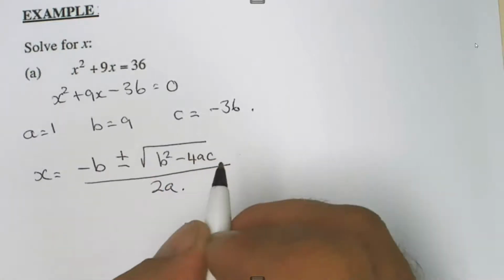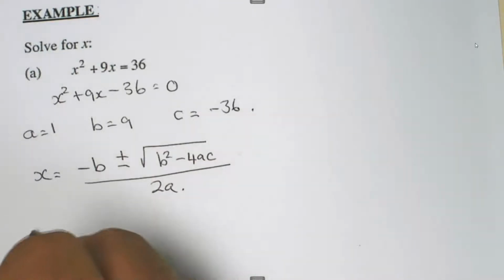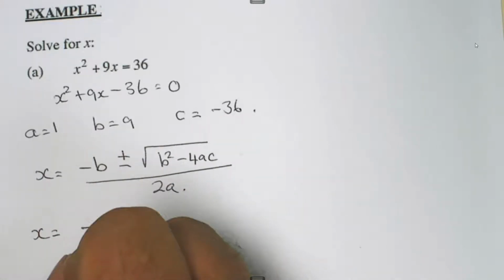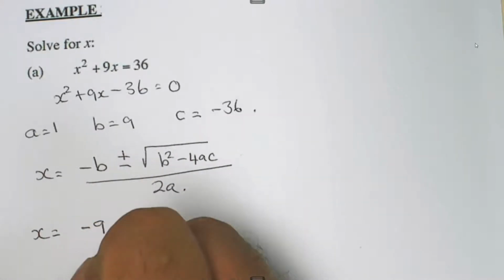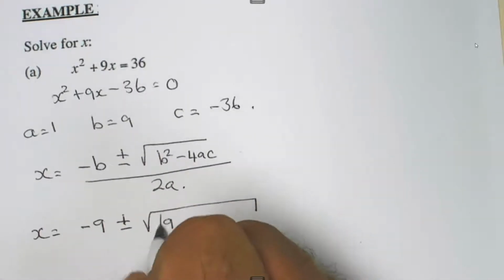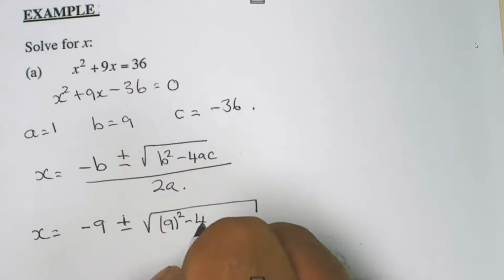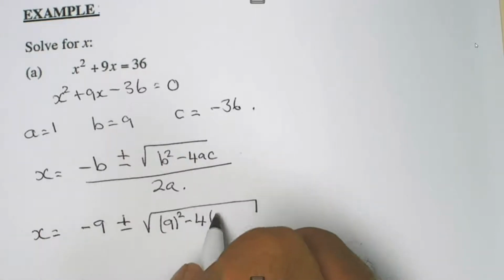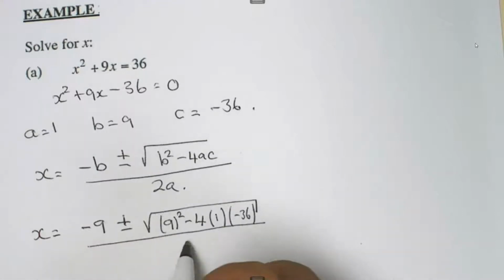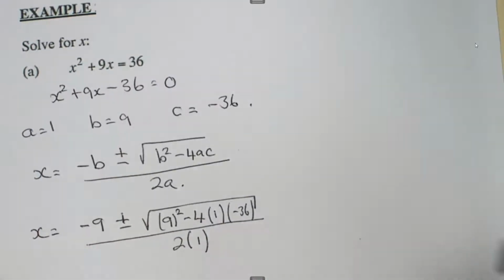So in this case, we say x is equal to, the b value is 9, so it's negative 9, plus or minus the square root of b squared, so it is 9 squared minus 4 times a times c, divided by 2 times a, 2a.